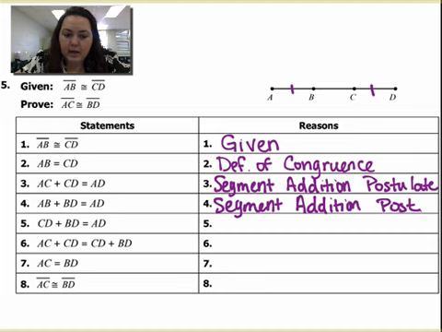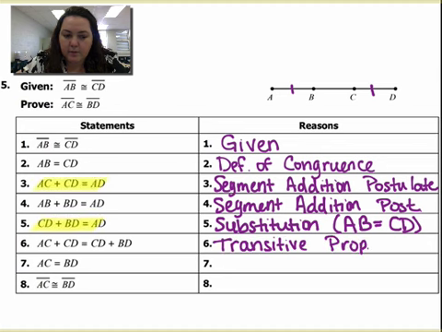Now I can take CD plus BD, because CD is the same size as AB. I substituted that AB is equal to CD. So I took the step I had above and I plugged in a part. Now the transitive property is the next step.